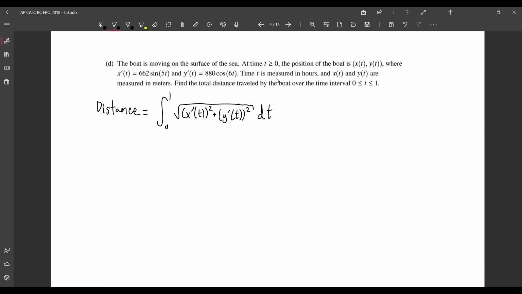Oops. So the sine of 5x squared, and then plus 880 squared, cosine of 6x squared. I'm hoping that when it says total distance, it does mean arc length and not just net distance.